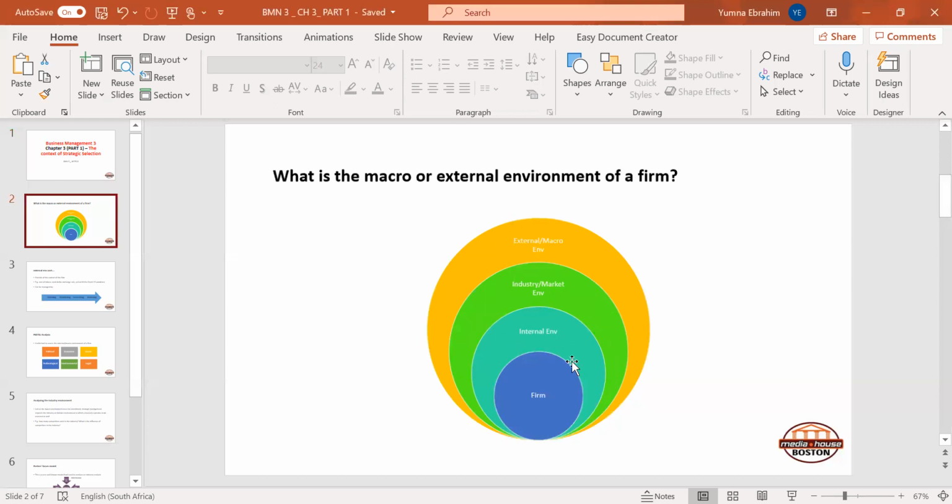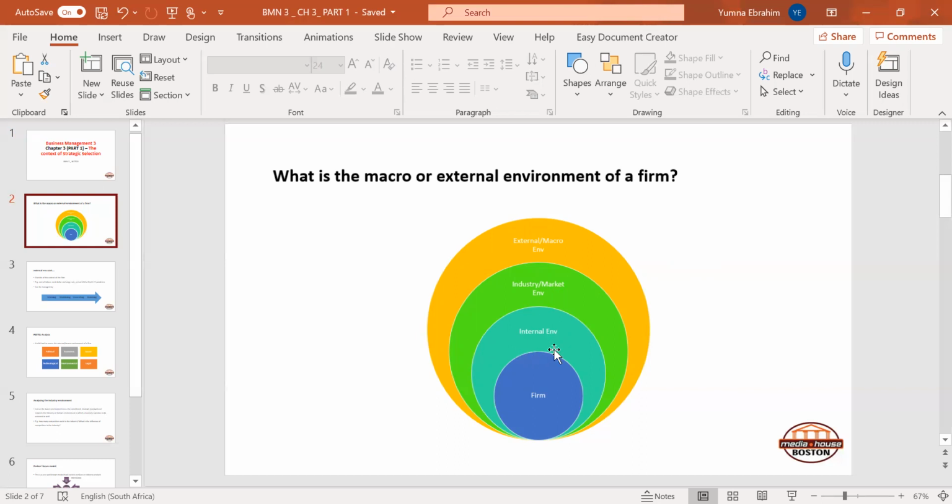Your firm has what we call an internal environment. These are everything from your policies to your internal strategies, and that sort of thing. Your internal environment as a firm, you have some control over. You can decide on your policies, you can decide on your strategies. If a strategy isn't working, you can decide to change it.